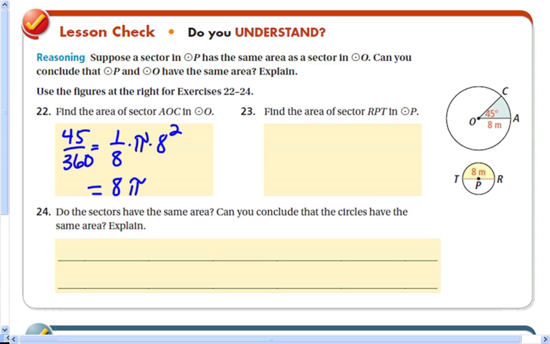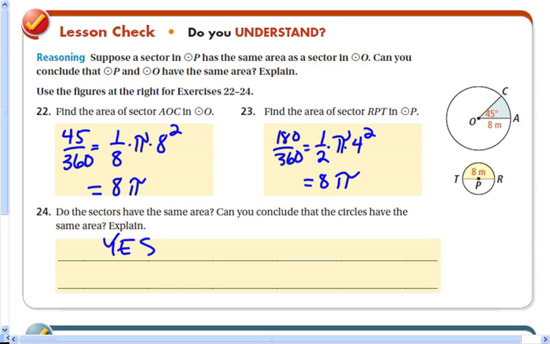And then we're going to do the other, smaller circle. In that one, we have 180 divided by 360, which is 1/2, times pi r squared, which is 1/2 of 16, which is 8 pi. Do the sectors have the same area? Yes, they do.